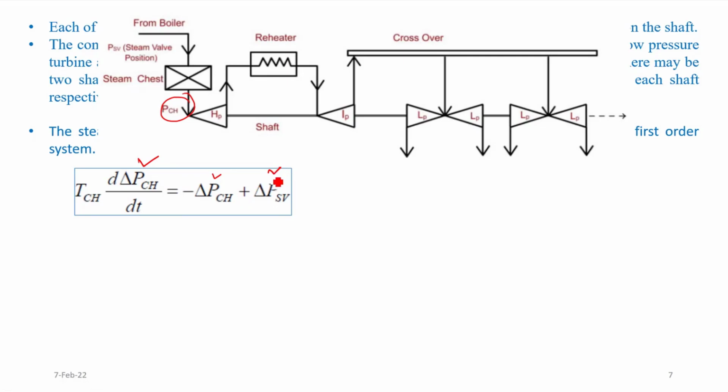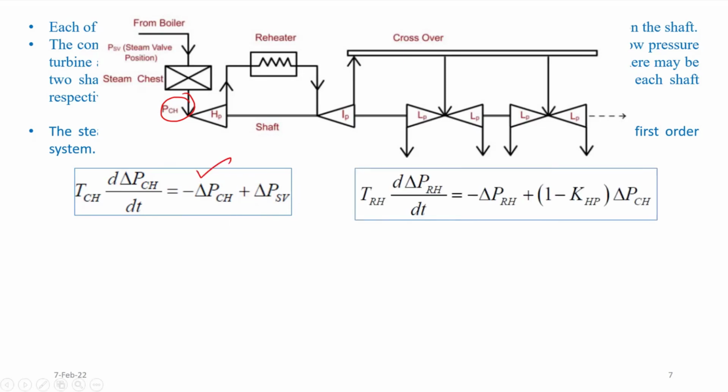Okay. So now I can write it as delta PCH by delta PSV. So, okay, this is your linear equation, right?